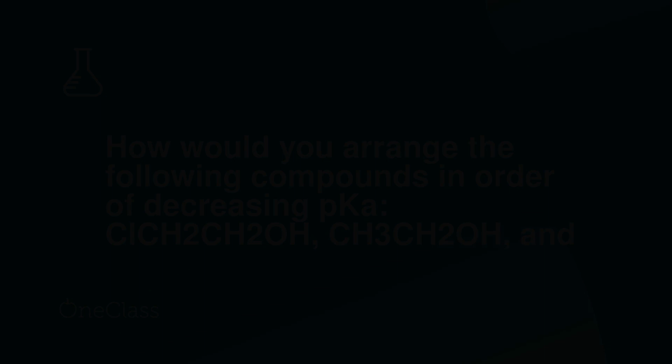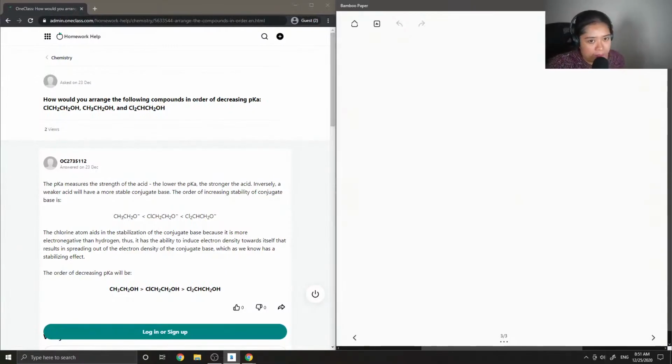Okay, so question 3. The following compounds in order of decreasing pKa. Okay, so pKa can tell us the strength of an acid.